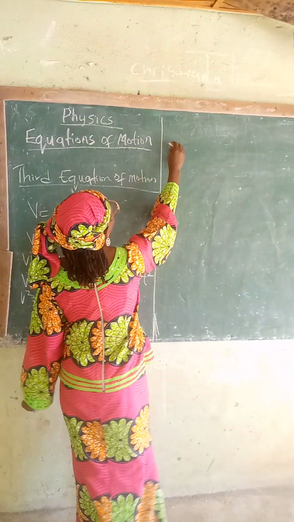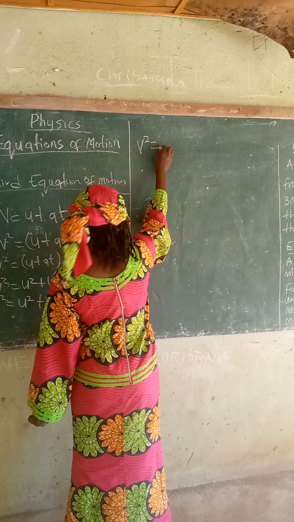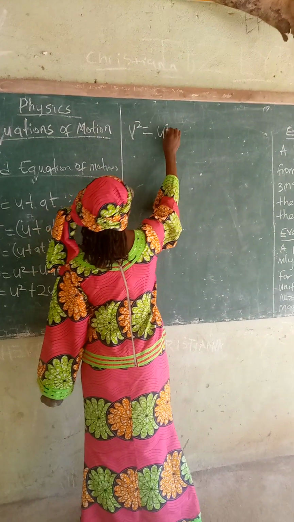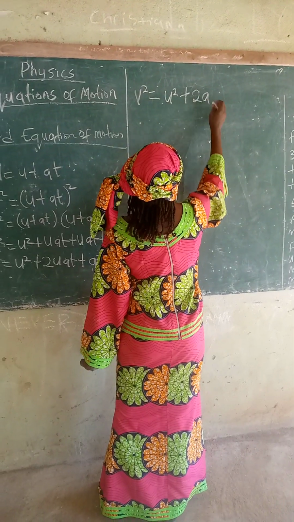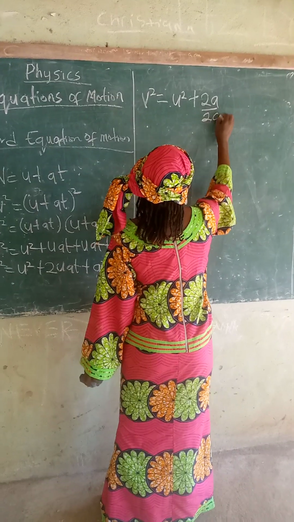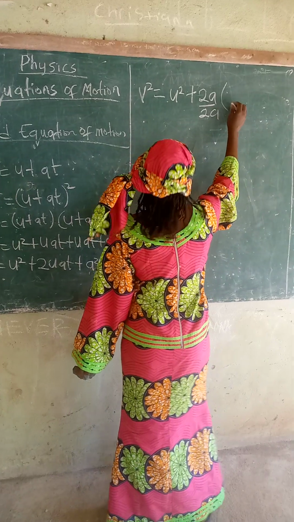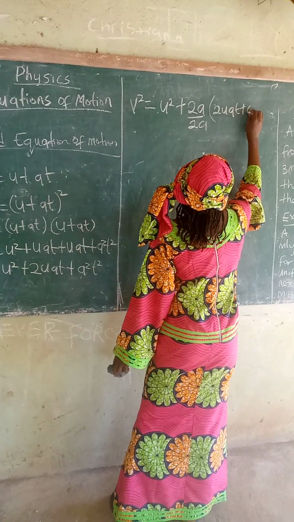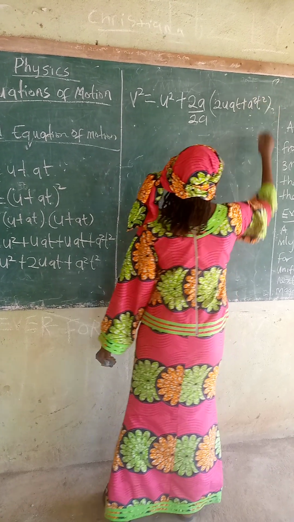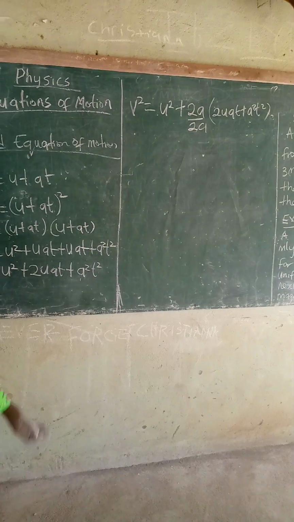So it becomes V squared is equal to U squared plus 2A, all over 2A, into (2UT plus A squared T squared). I've not done anything.